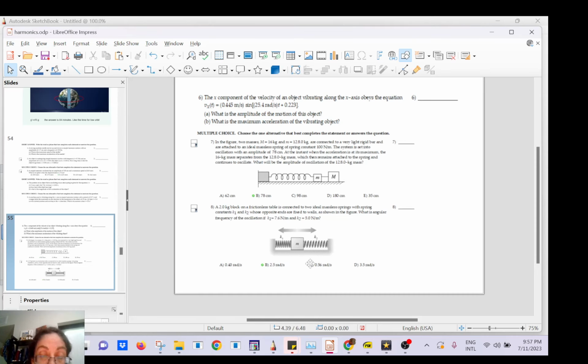Okay, so what's happening when you have a mass here and you have K1 and K2, and what do they want? They want the angular frequency, so that means they want omega. And the way to find omega, remember, when you're going to use F equals ma, that's going to be the restoring force that wants to bring the system to its equilibrium position.